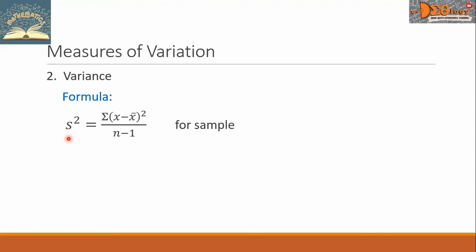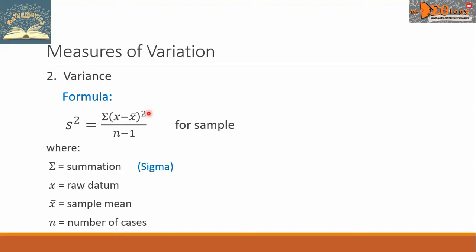S square, this is the variance, equals the summation of the square of x minus x bar all over n minus 1. The symbol here is called summation. The x is the raw datum, x bar is the sample mean, and the n is the number of cases.